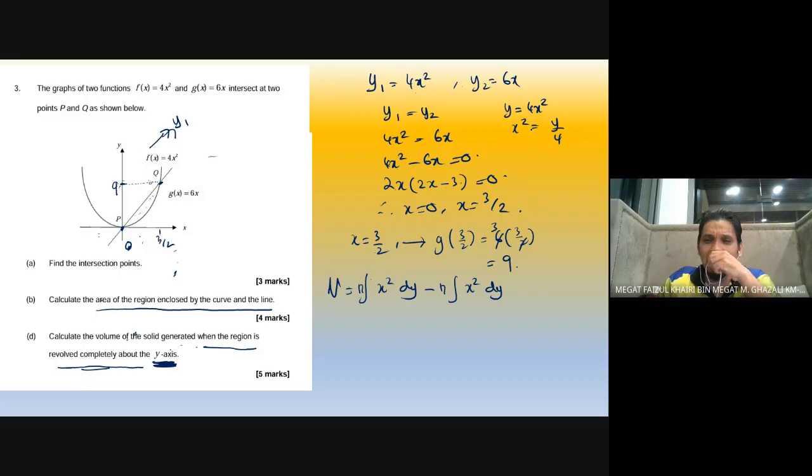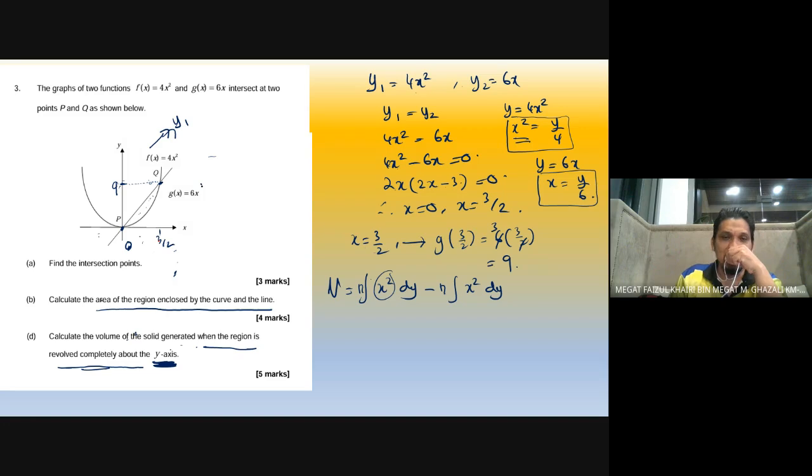Class, I suggest that we just leave it in the form of x squared, because of this. And y equals 6x, then x equals y divided by 6.